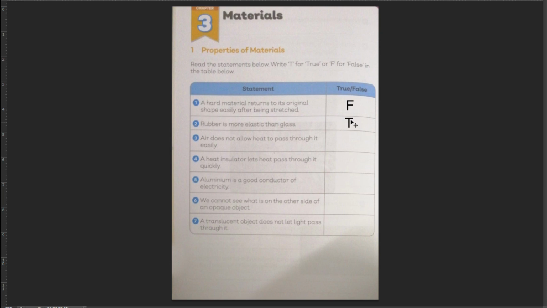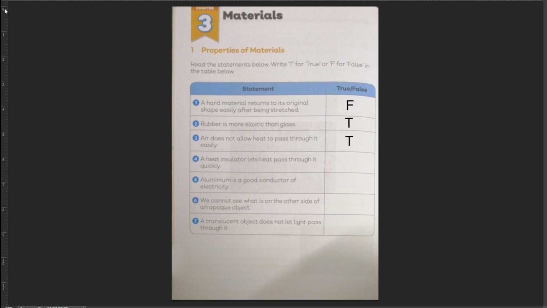Air does not allow heat to pass through it easily. What do you think is the correct answer? The correct answer is true. Water and air are heat insulators. So let's answer the next one, number 4.